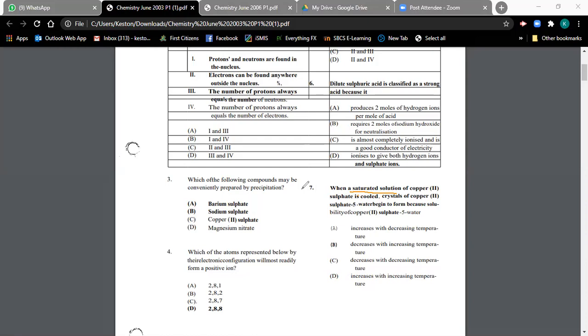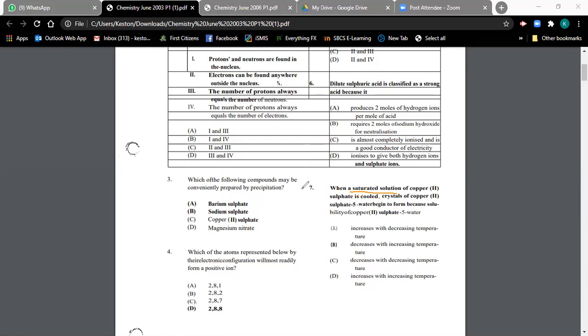Remember we saw the supersaturated one, I was explaining that here. Right, so the saturated solution of copper 2 sulfate means I have a lot of copper 2 sulfate in there. As it cools now, the crystals of copper 2 sulfate 5 water begin to form because of the solubility of the copper 2 sulfate 5 water. What's happening though?